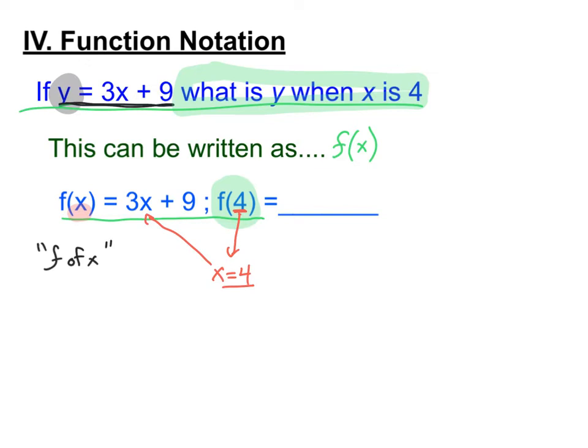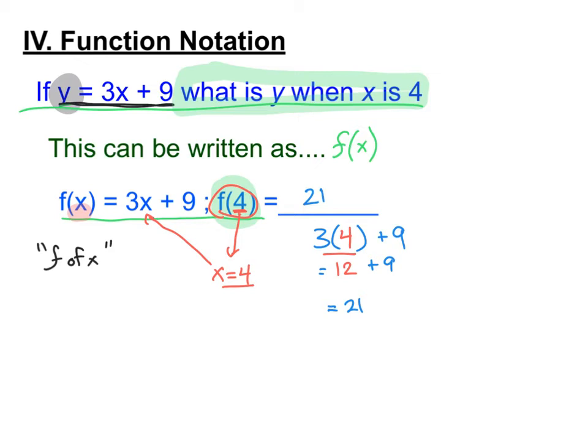So I'm going to write 3, and instead of x, I put parentheses, x plus 9. And that means I put the 4 inside of parentheses. So that's just, again, f of 4 means x is 4. I plug a 4 into the x value and solve for y. And so f of 4, well, this becomes 12, and plus 9 would equal 21. So really it means 21.